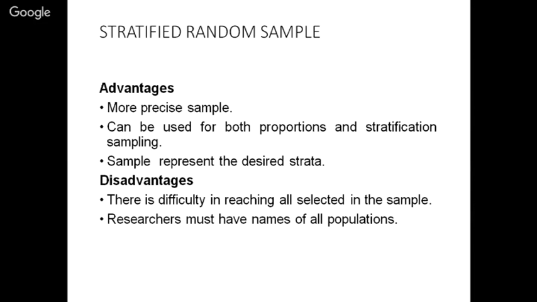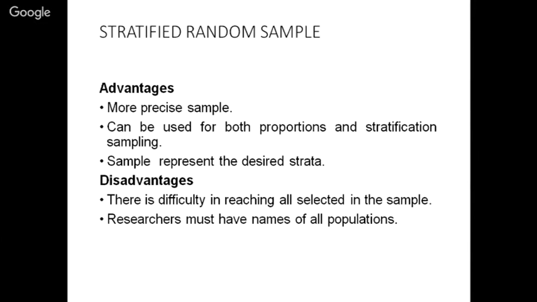Next, what are the various advantages of the stratified random sampling technique? Stratified random sampling is a more precise sample, meaning it balances the uncertainty created by the simple random technique against the biases of deliberate selection of numbers from a random table.